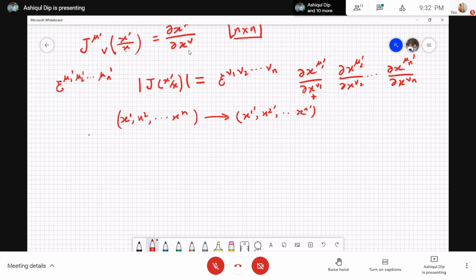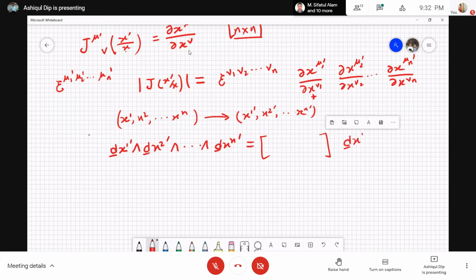Now my question is how this object dx1 prime wedge dx2 prime wedge up to dxn prime is related to the old coordinate, that is dx mu1 wedge dx mu2, like that.